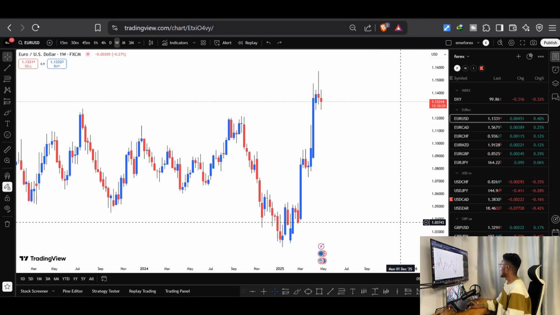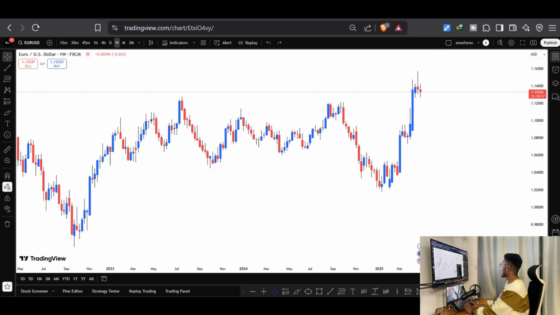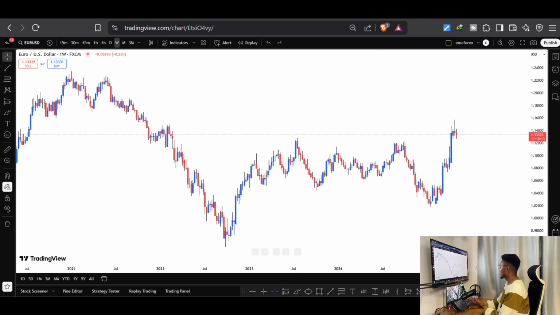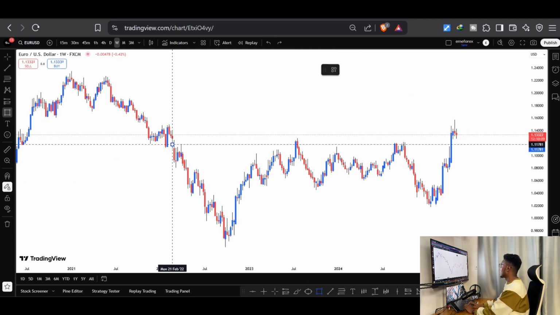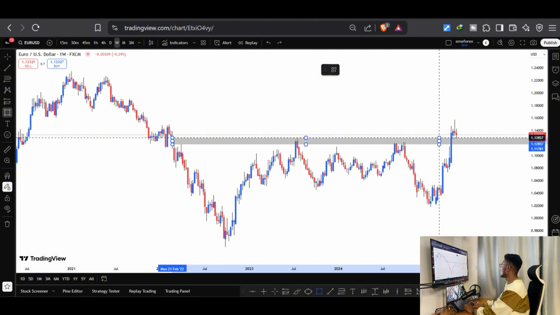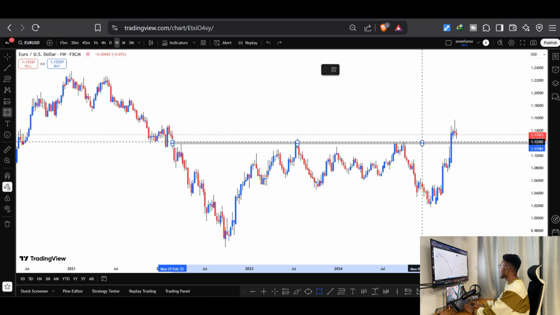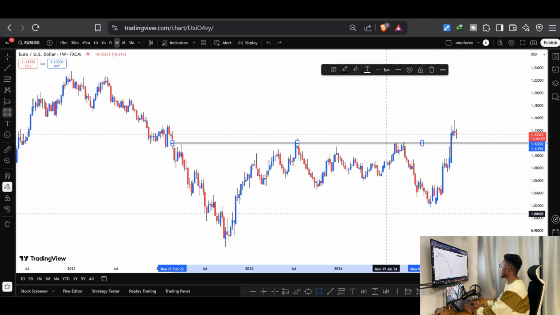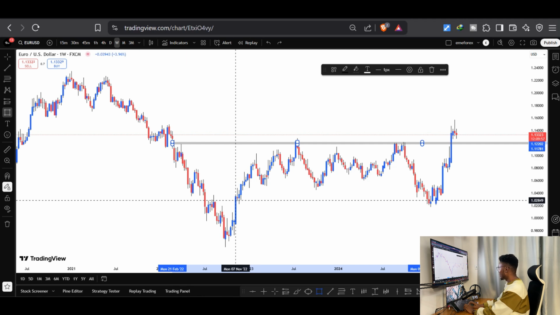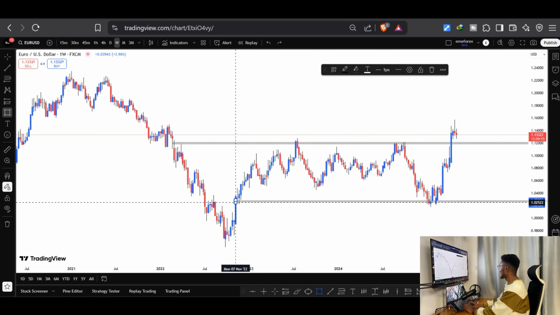Looking at Euro USD on the daily time frame, what the market is doing at large, you notice this region is quite significant, one we've had price trading around for some time now. This has been the structural high, and this level here is more like the structural low.